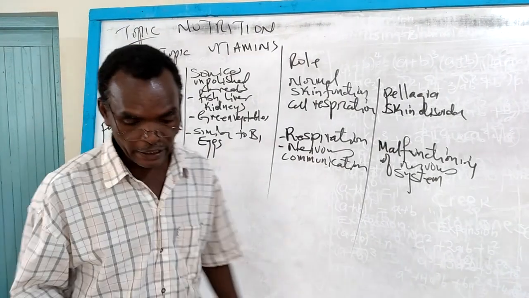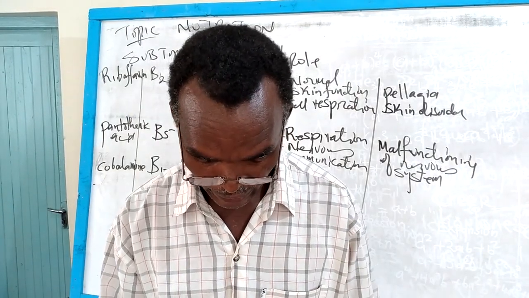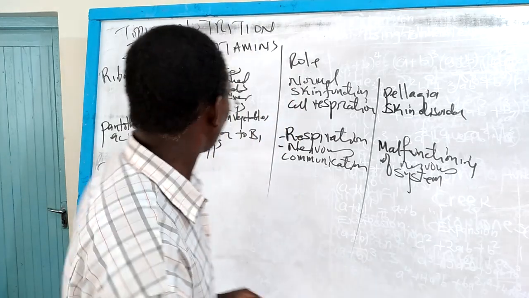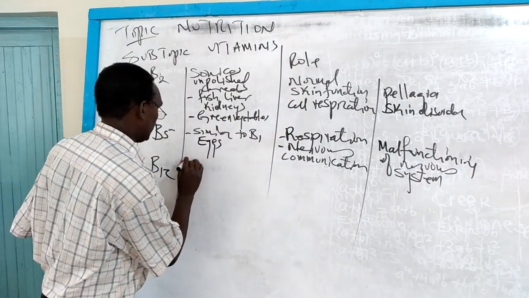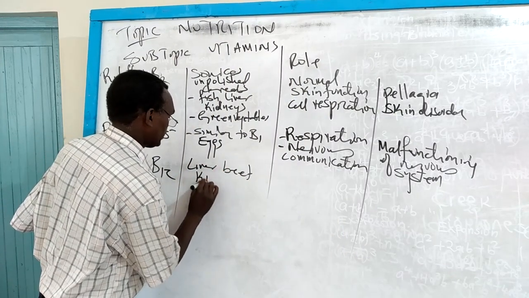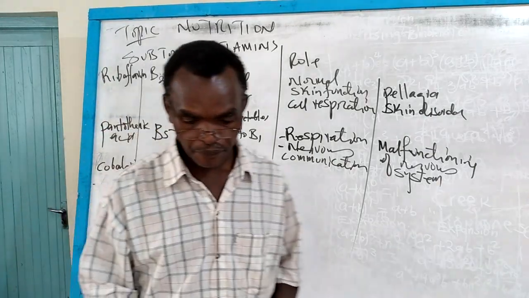Where does B12 come from? Here we have the liver, the beef, and the kidney. Same as those from the others.